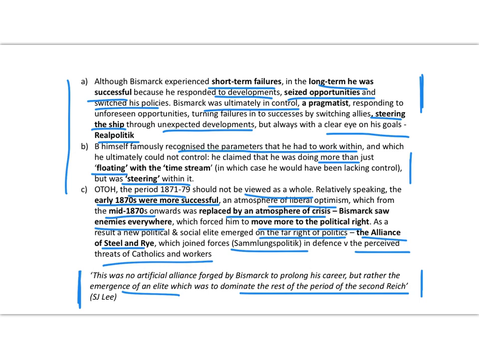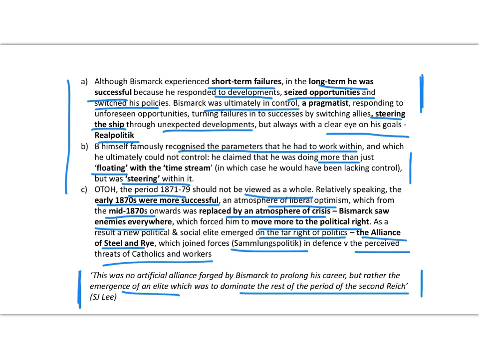But we can now see that by 1879, Bismarck had moved towards the far right. He had become dependent on the Prussian elites and the new industrialists in order to ensure he had support in the Reichstag.